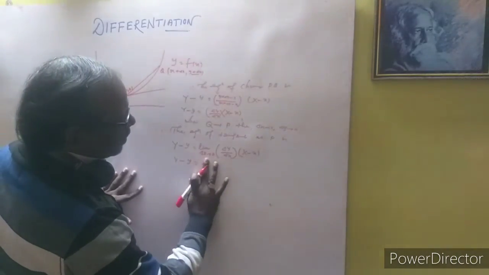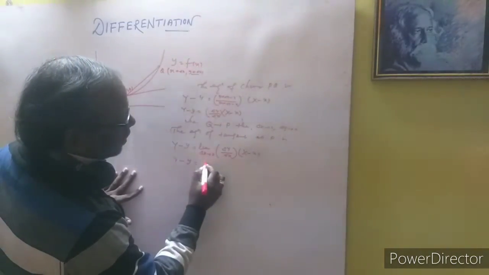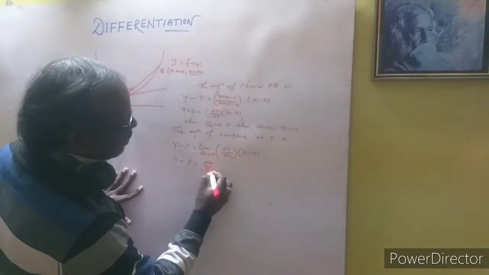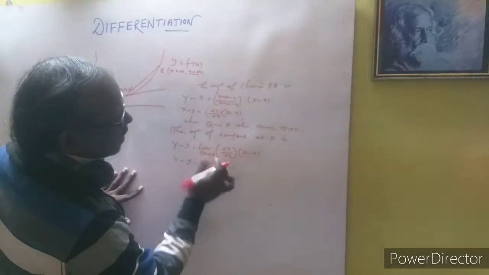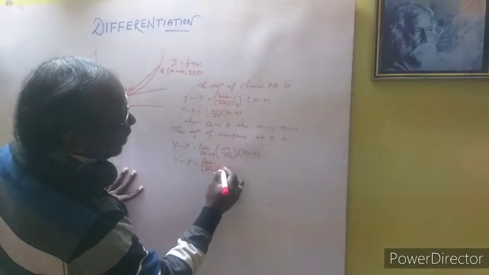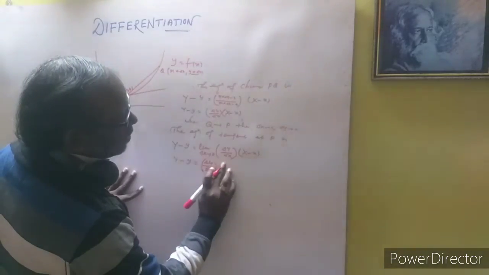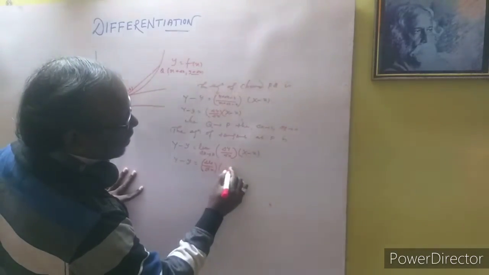This is denoted by dy dx. This is the mathematical notation, and this is the derivative of the function y with respect to x.